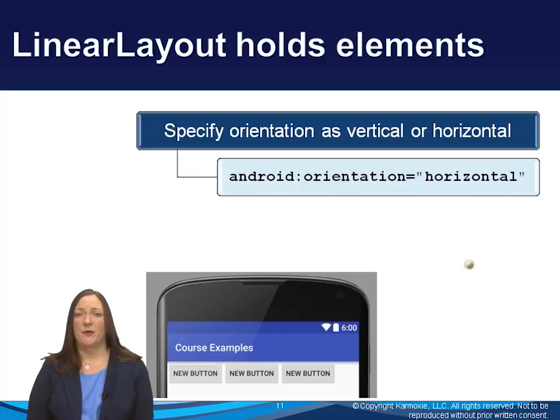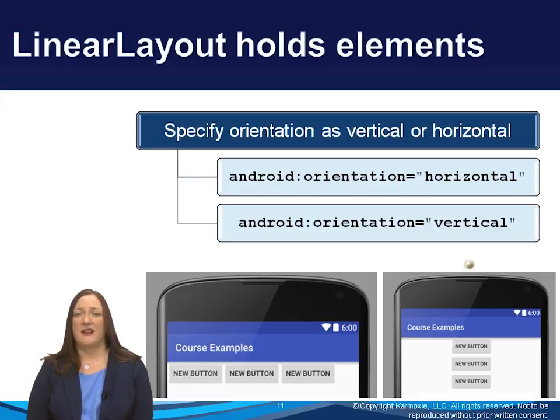So here's an example where we have Android orientation set to horizontal, and we have 3 buttons, and notice how they just line up side by side in a horizontal fashion. We also have Android orientation vertical, and they just stack up vertically. And that's really all there is to it with linear layout. It's a very simple layout to work with, and it's very intuitive for when you're starting out.